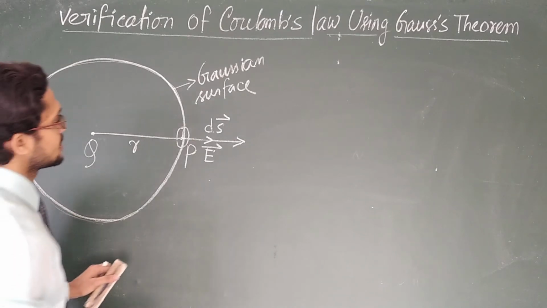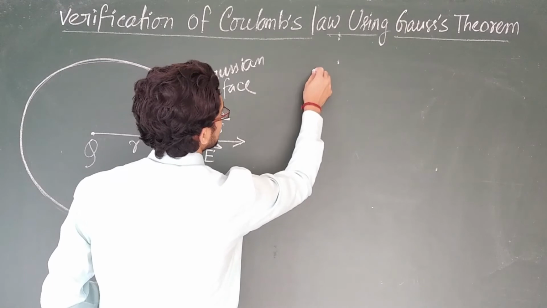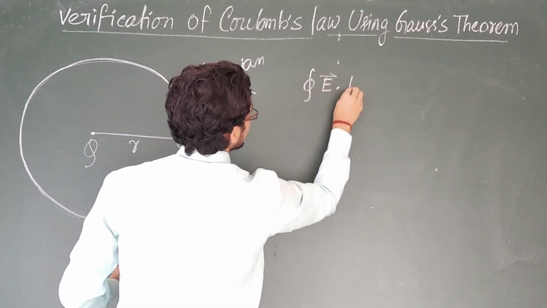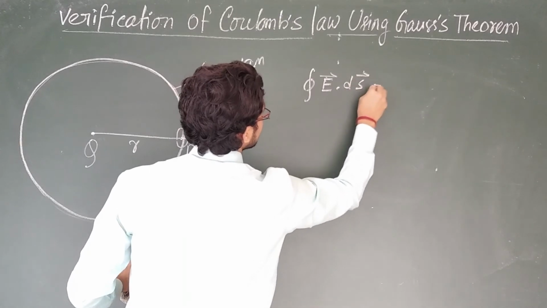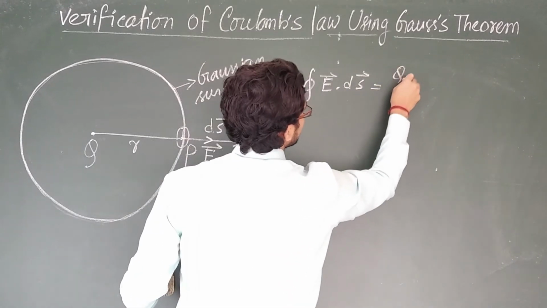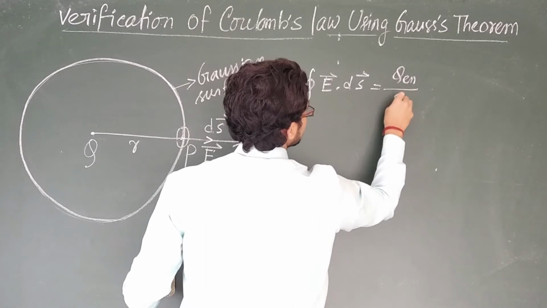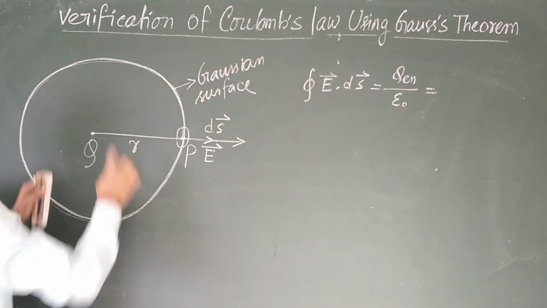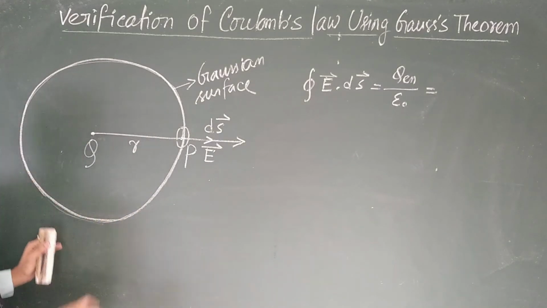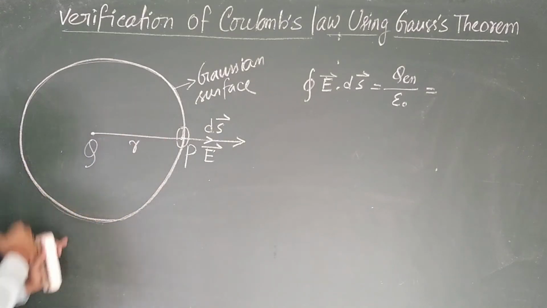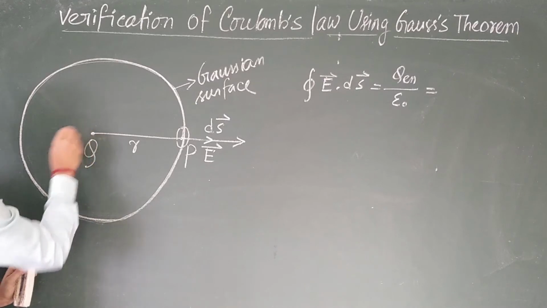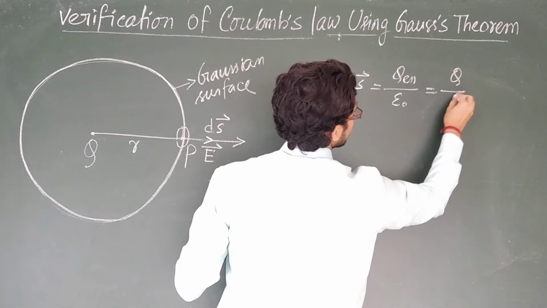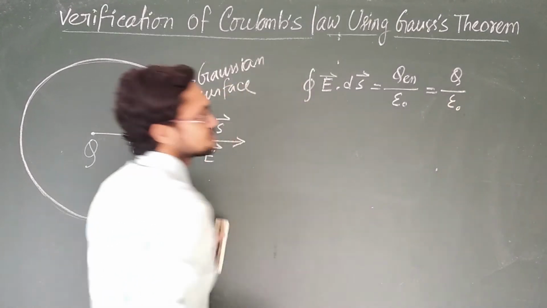Now we will write the Gauss theorem. Closed integral E dot ds equals q enclosed by epsilon 0. Q enclosed means the charge enclosed by the Gaussian surface. The total charge enclosed by this Gaussian surface is only q, so it is q by epsilon 0.